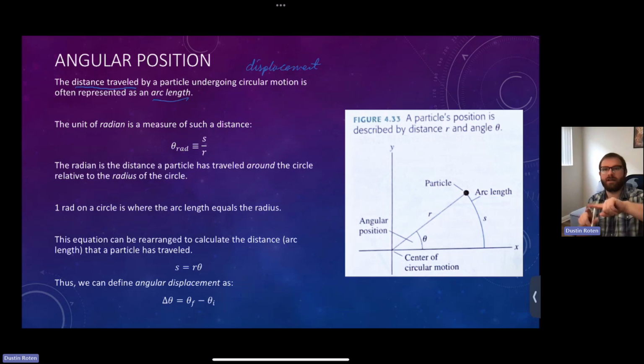And of course, an arc length is just a piece of a circle. Think about it as like the crust of a pizza slice. So the unit of radian is the measure for precisely this distance. Or at least the radian is what's going to relate the angle to the arc length. So the radian is just essentially set up to be the distance that a particle has traveled around the circle.